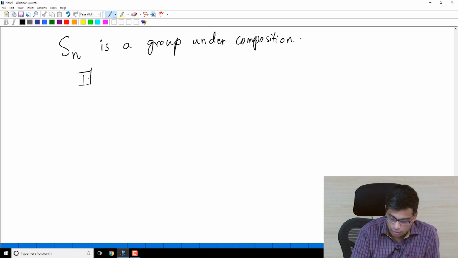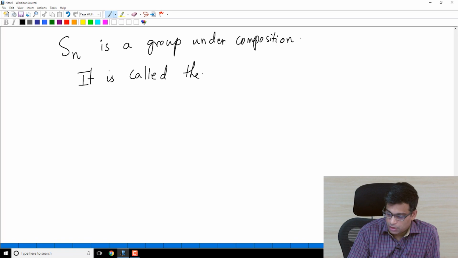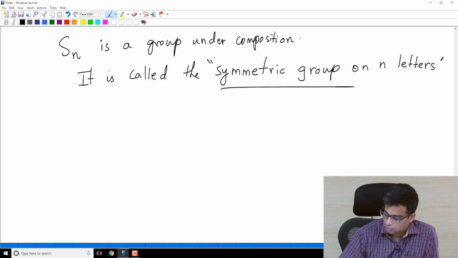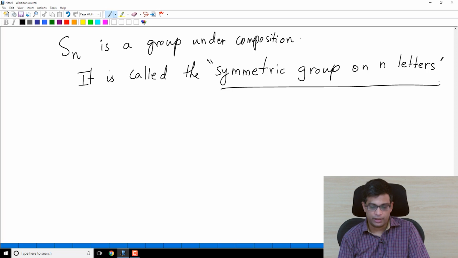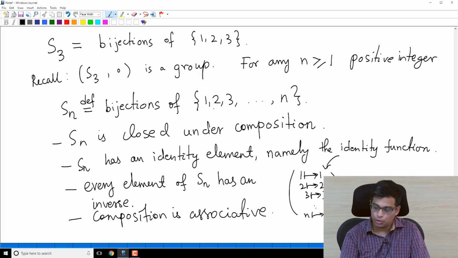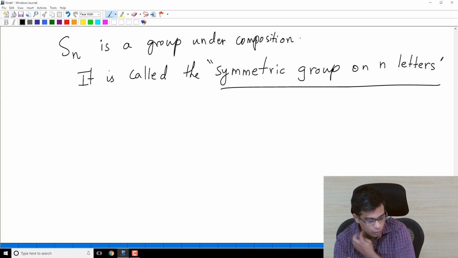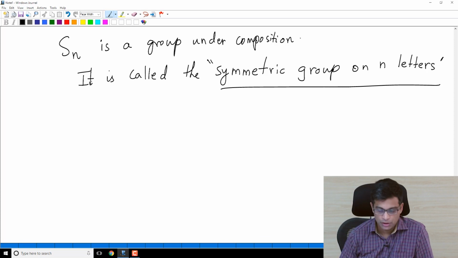It is one of the important groups in group theory. It is called the symmetric group on n letters, letters being 1, 2, 3 up to n. So, it is a group on those letters. It is a very important group in the theory of abstract groups, and we will study this later in more detail.